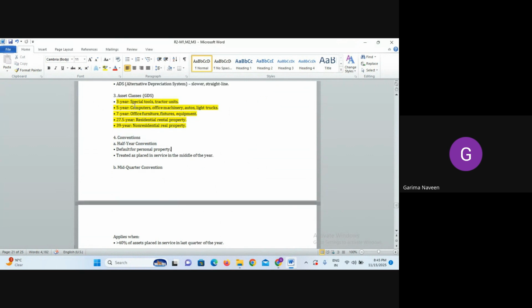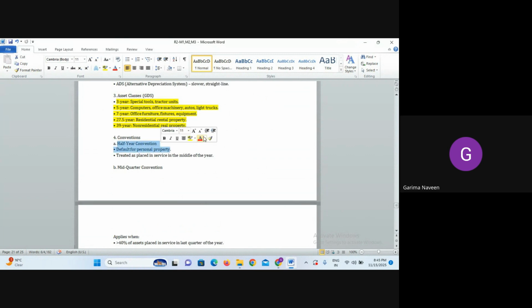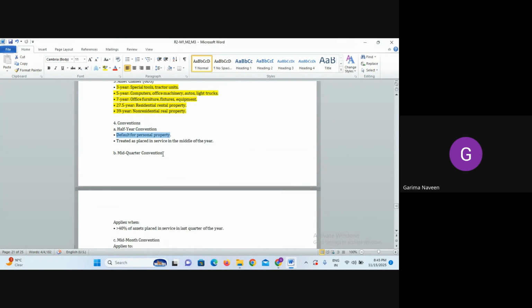Okay, so which convention do we use? Generally, if it is personal property, that means 3 year, 5 year, 7 year, then you have the half year convention as well as the mid-quarter convention. Half year convention means you will take depreciation for half a year, irrespective of when you purchased this property or put it into use. This is the default for personal property. If mid-quarter is not applicable, then you will always use the half year convention.